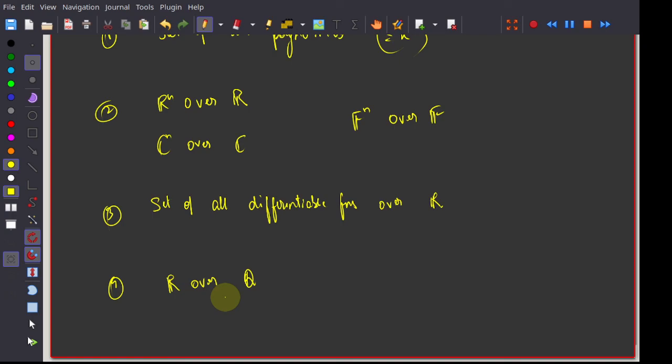So take any two irrational numbers, say root 2 and root 3. Are these two linearly independent or are they linearly dependent? But is that a rational?